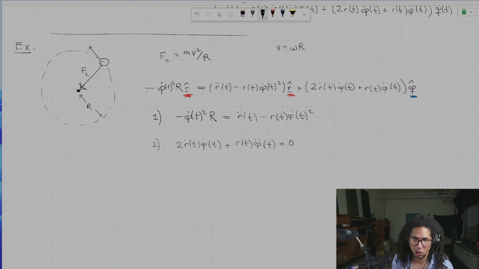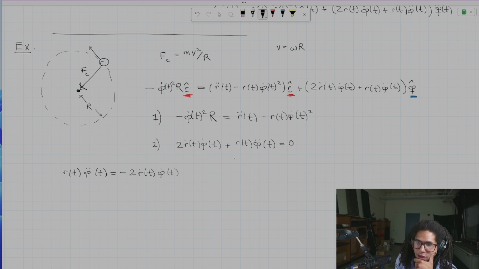So I'm actually going to start with the second equation. I'll have r of t phi double dot of t is equal to minus 2 r dot of t times phi dot of t. Now, I am going to do something that maybe people haven't seen before.